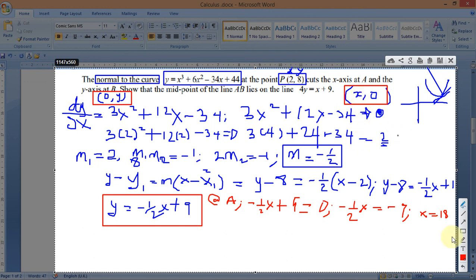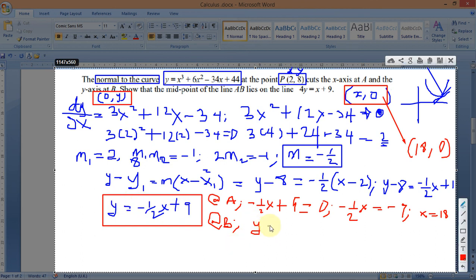So at this point here, I have the value for x when y equals 0. So this is 18 comma 0. Do the same thing at B. At B, x equals 0, and I'm looking for y now.